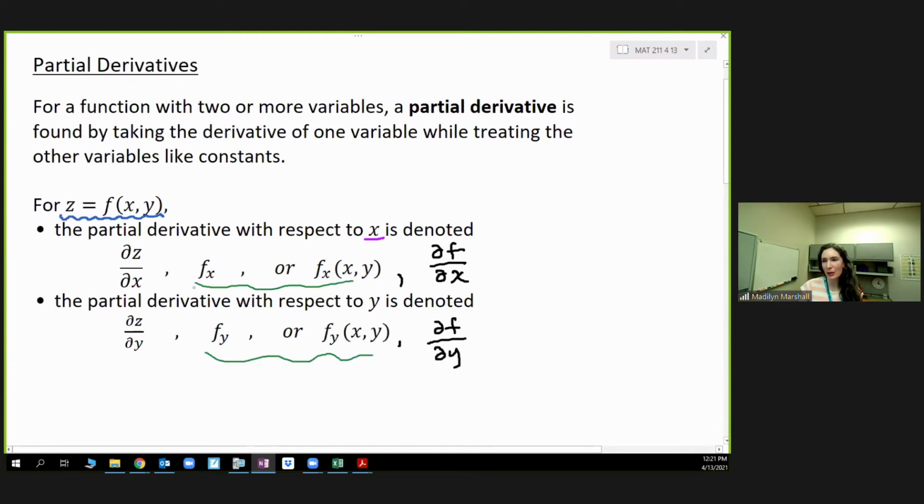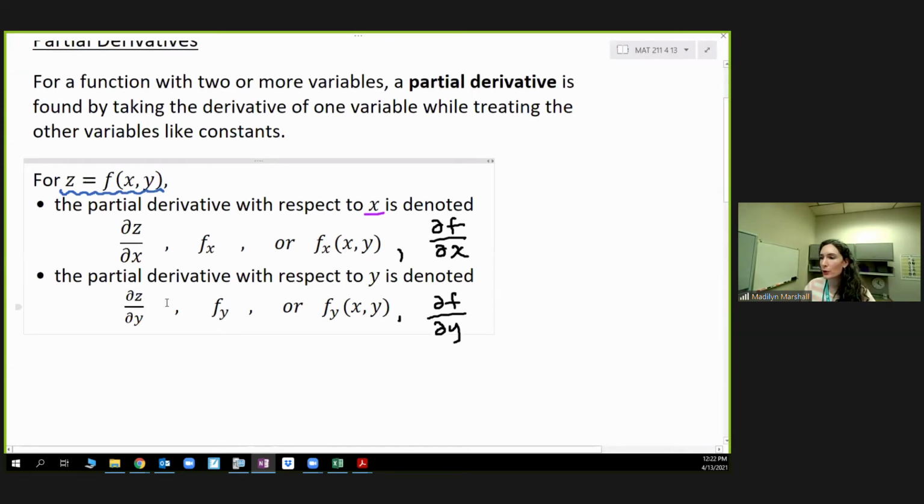I think our book uses these f subscript notations a lot in the next couple sections we'll be doing. So you'll see both of them. It's like the prime. This is like our analog to prime notation. We just can't use the prime now because we have to specify what variable we're looking at.